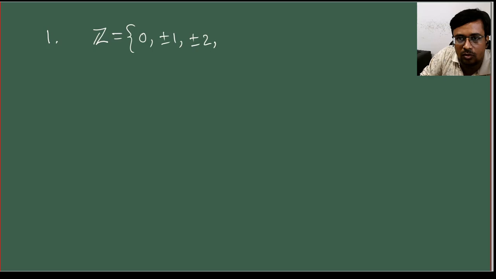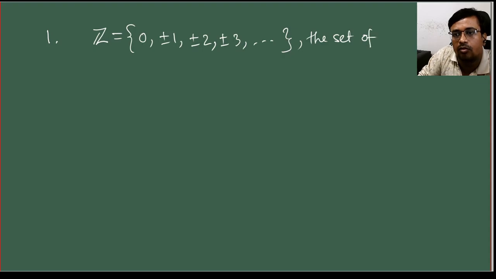So the first example is that you look at the set of all integers: 0, plus minus 1, plus minus 2, plus minus 3, and so on. This is the set of all integers.